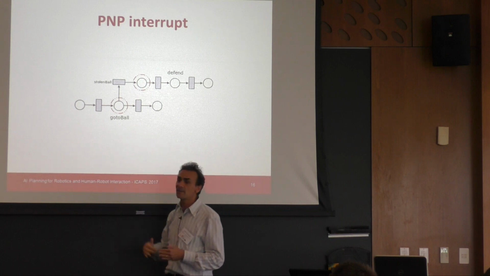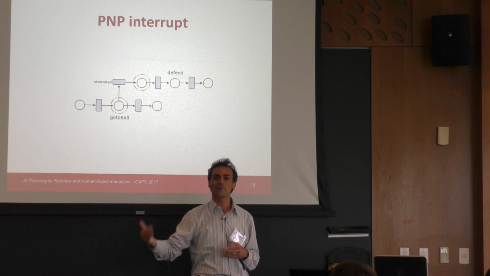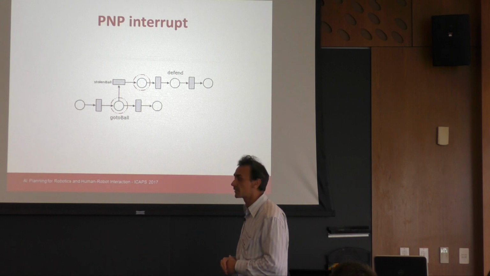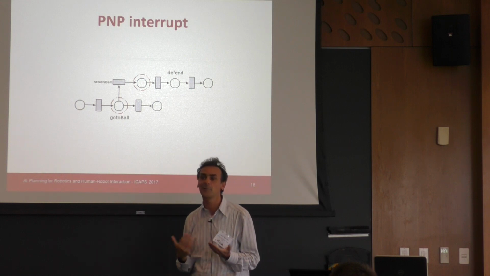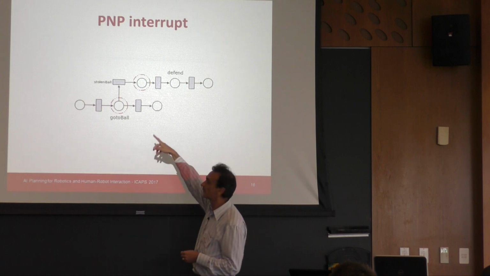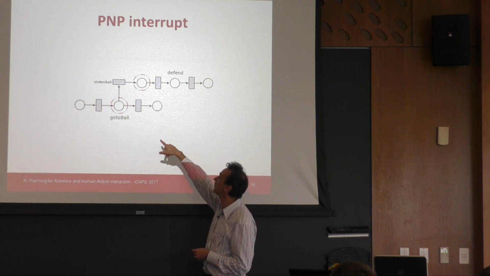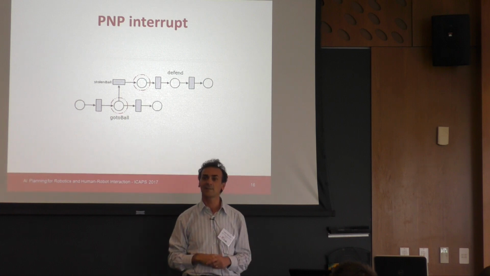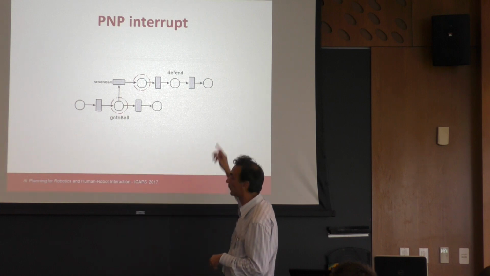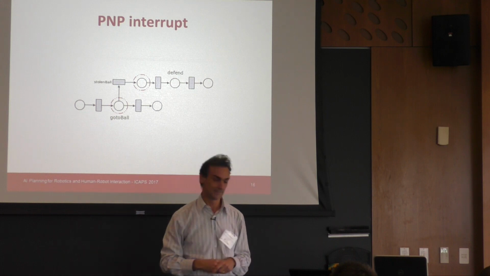But if during the execution of the action the ball is not visible anymore, or the ball is stolen by an opponent player, then it cannot continue this action, but has to do something else. So if during go to ball the event stolen ball happens, then the robot will go back to defend.